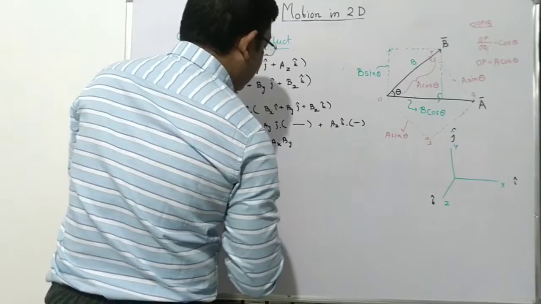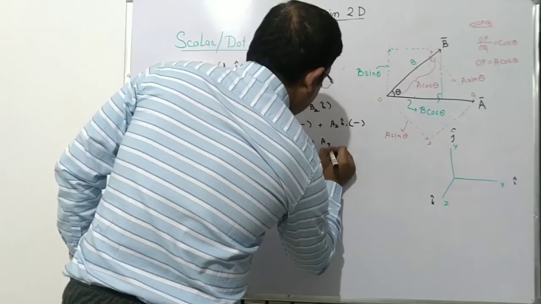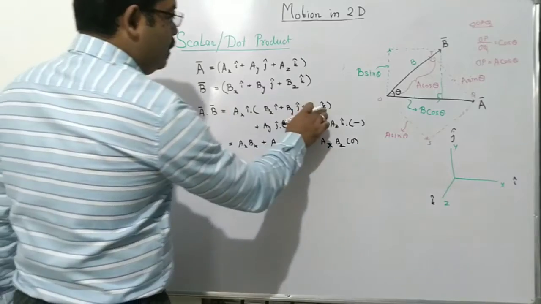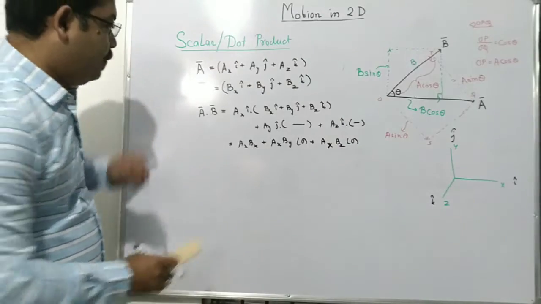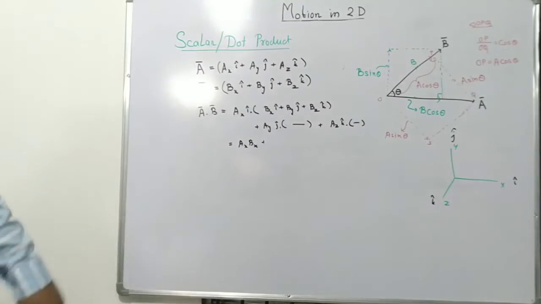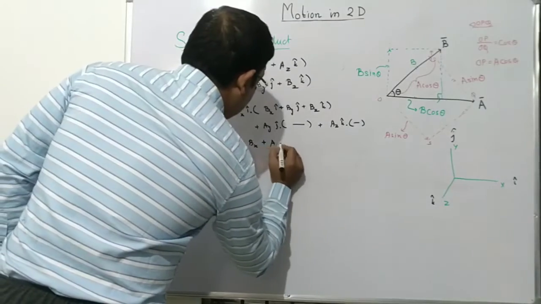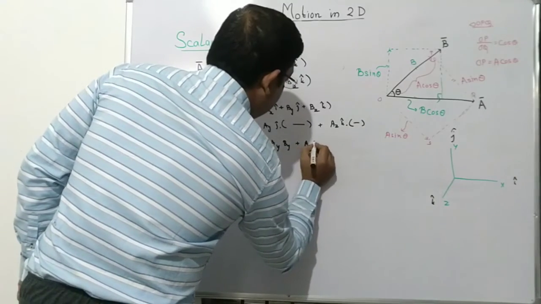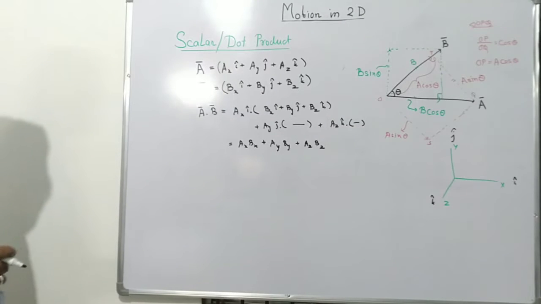So we have substituted 0, and Ax Bz into 0, since I cap dot k cap is 0. So from the first term of the product, we are left with only one term, that is Ax Bx. If we use a similar analysis for the entire product, we will be left with Ay By from the second term and Az Bz from the third term. Fine.